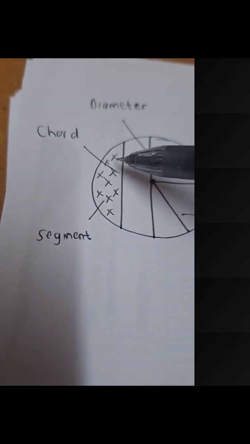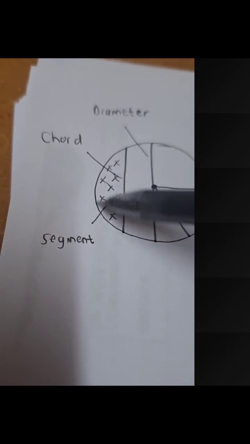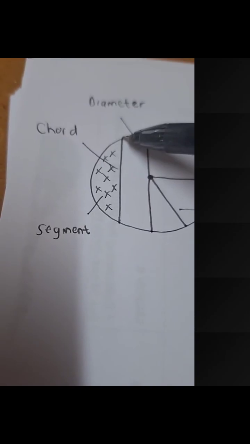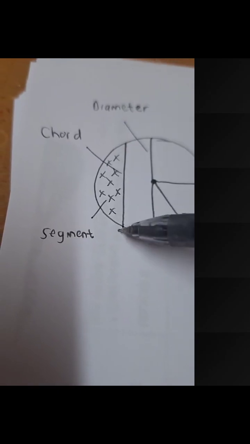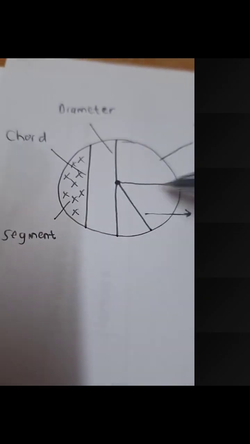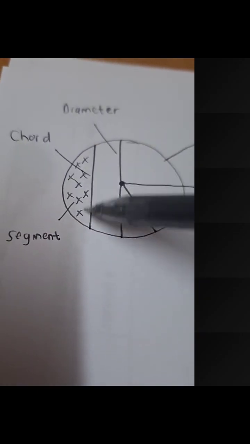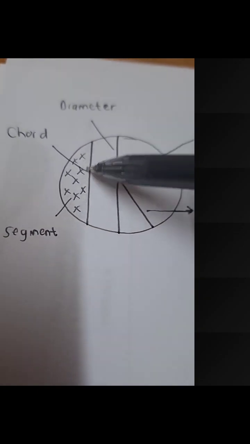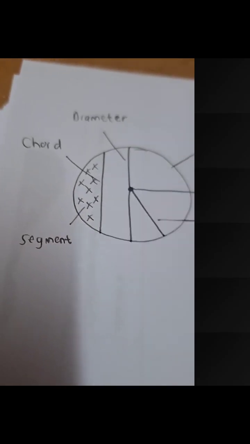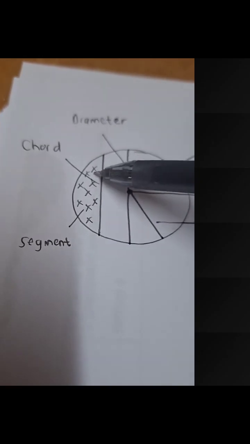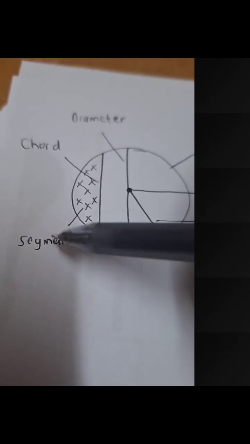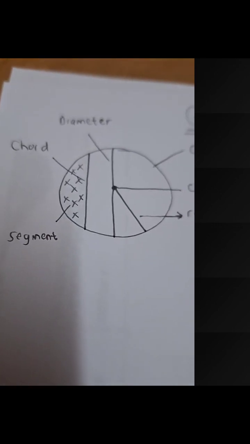This area is closed by the chord. Let's say this was a pizza, and I decided to cut it this way and took this slice, this is a segment of my pizza. So the segment of a circle would be this area. We refer to it as a segment.